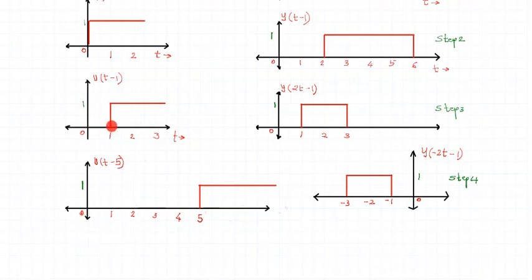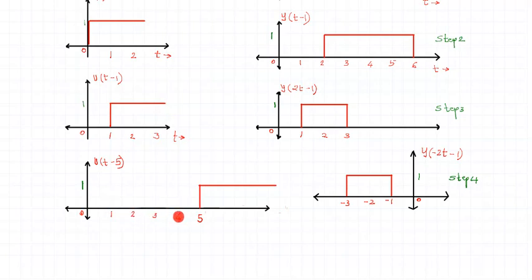Now, what happens at 1? At 1, u(t minus 1) exists, but u(t minus 5) is still 0. Subtracting means we are subtracting the magnitudes. So 1 minus 0 means the magnitude remains 1, up to 5.